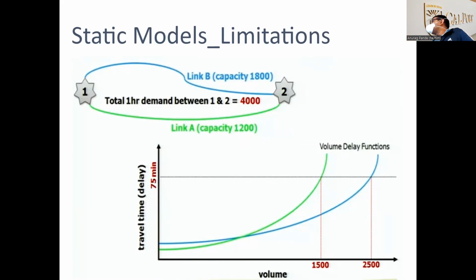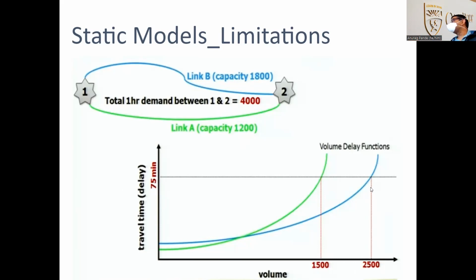Under the equilibrium scenario, you'll come up with these volumes, 1,500 and 2,500 for both of these links. So the green link will have demand exceeding capacity. In this scenario, if these were your curves, what would the equilibrium solution look like?